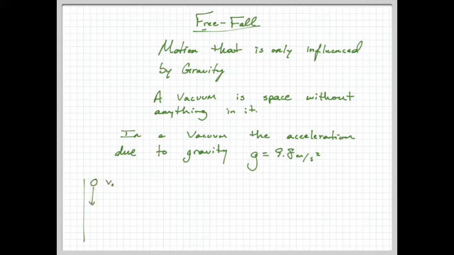starts with a velocity of 0. Now let's say that each tick mark represents 1 second. So this would be at 0 seconds, 1 second, and at 1 second you would then have a speed of 9.8 meters per second. The next second, at 2 seconds, you would have a speed of 19.6 meters per second.